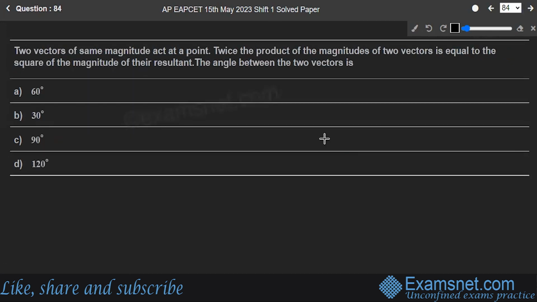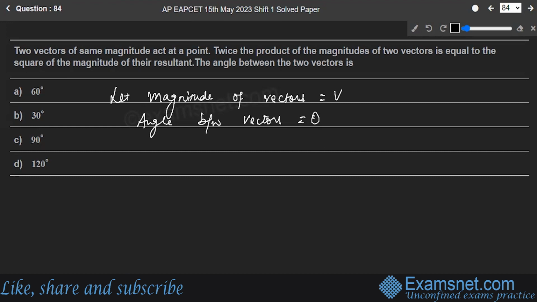Two vectors of same magnitude act at a point. Twice the product of the magnitude of the two vectors is equal to square of the magnitude of their resultant. The angle between the two vectors is. Okay, first of all, let the magnitude of the vectors be V. Angle between the vectors is, let's say, theta.